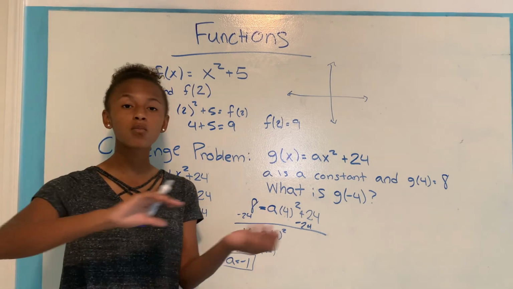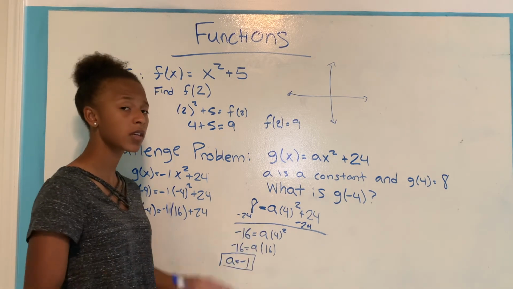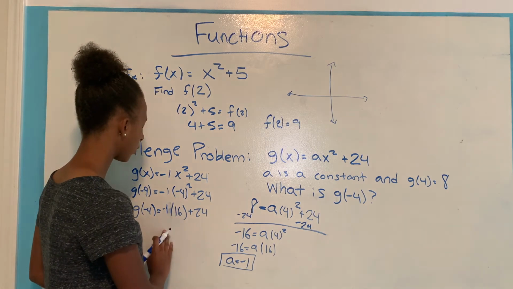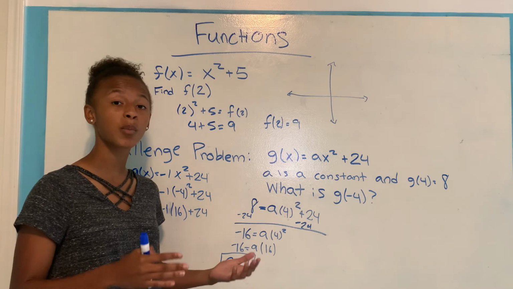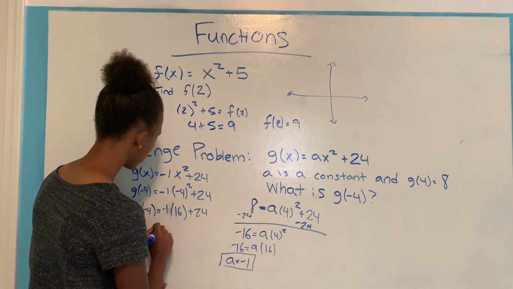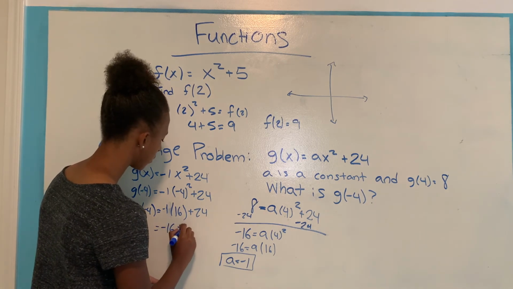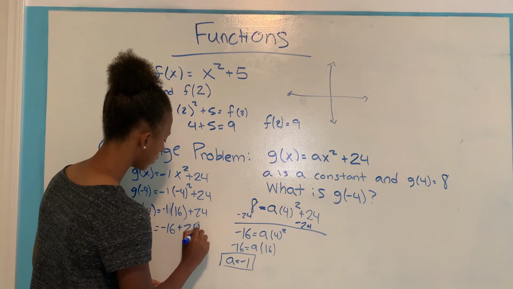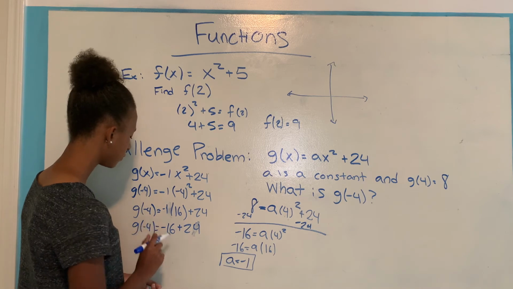And then we're going to keep moving with PEMDAS after that. So we've already solved for exponents, and now your next one is multiplication. And now we can simplify using multiplication. So we have negative 1 times 16, and remember a negative times a positive equals a negative. So that's going to get us negative 16, and that's plus 24 equals g of negative 4.